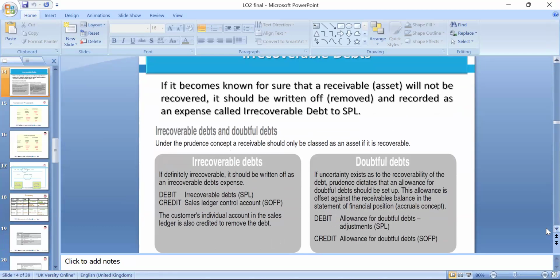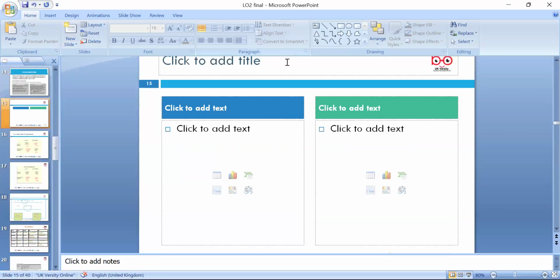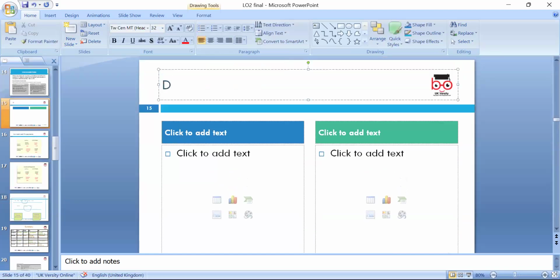Okay. Irrecoverable debt, sales ledger control. Always, please, when you do these two words, remember guys, those are quite crucial, so we have to follow double entry bookkeeping rules. So look at double entry bookkeeping, the words debit and credit. So use these two words, please.